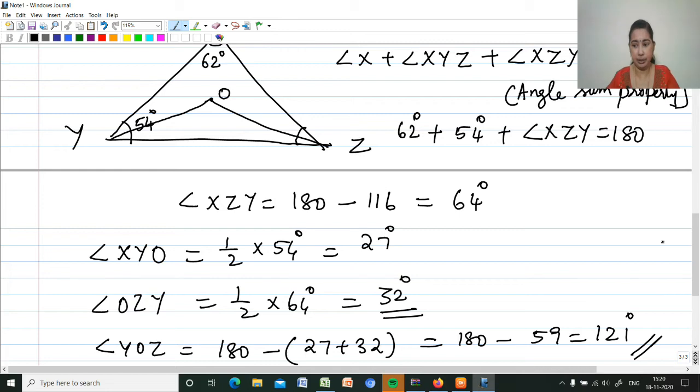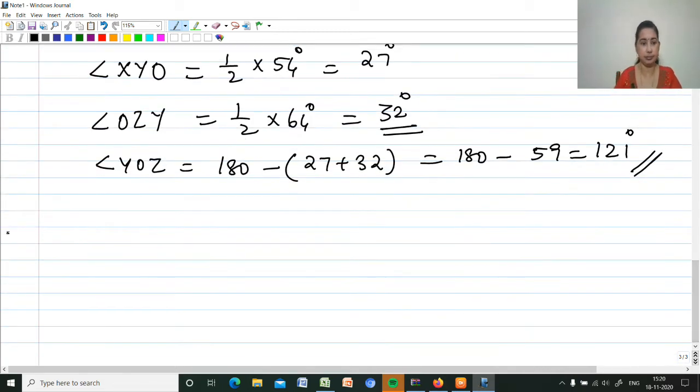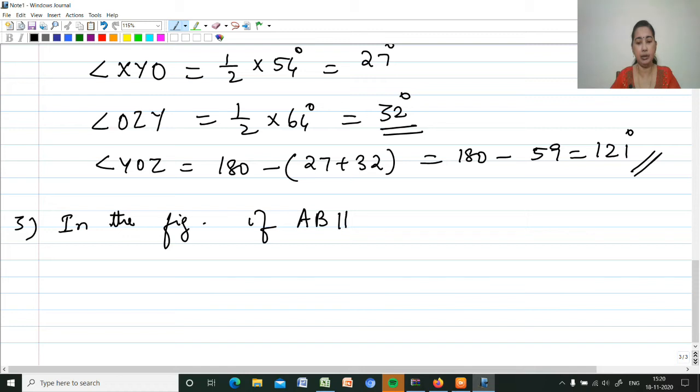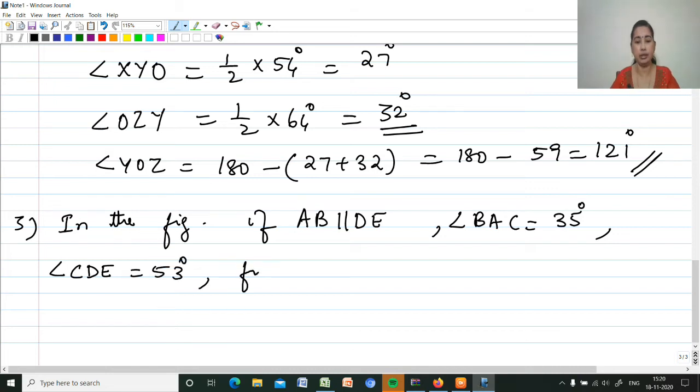Now question number 3. In the figure, if AB is parallel to DE, angle BAC is equal to 35 degrees and angle CDE is equal to 53 degrees, find angle DCE. Here the figure is given.